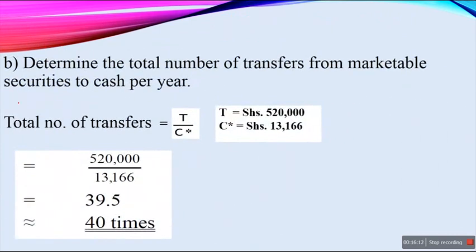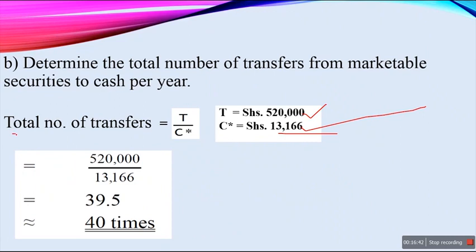Part B of the question requires to determine the total number of transfers from marketable securities to cash per year. How many transfers need to be made from marketable securities to cash per year? So if in a year they need 520,000 shillings, and anytime they make a transfer, the optimal amount of cash is 13,166.